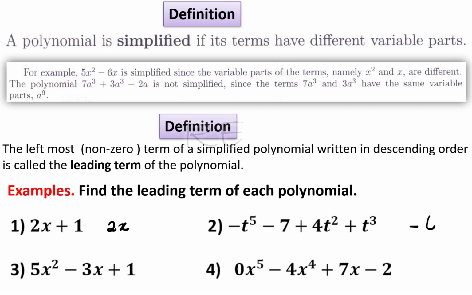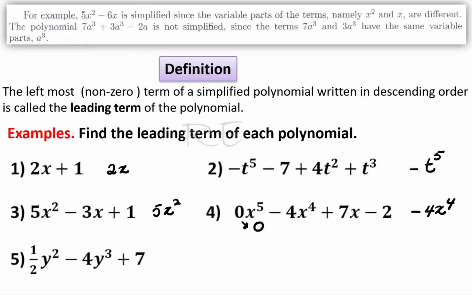For number 2, the leading term is negative t to the 5th, the term with the highest power. For 3, the leading term is 5x squared. And for 4, the leading term is negative 4x to the 4th. The first term is just that.